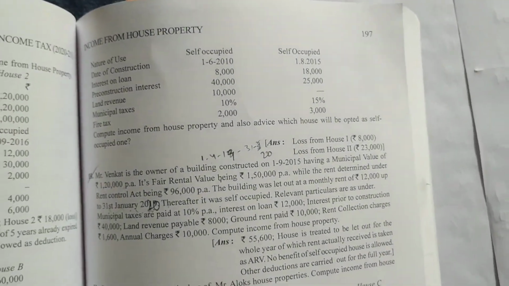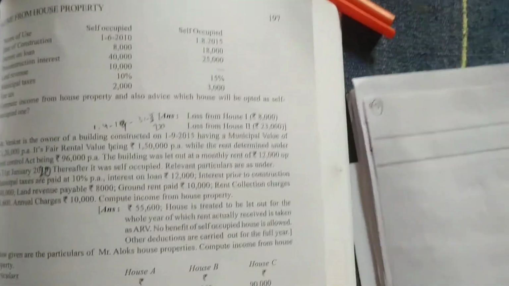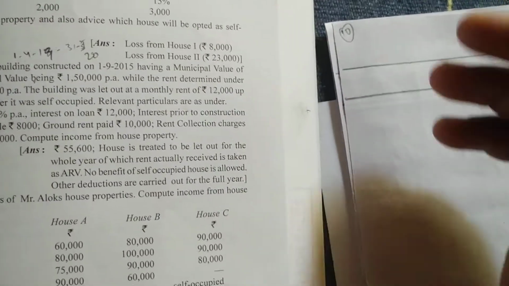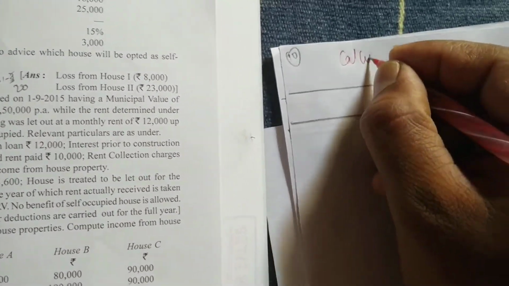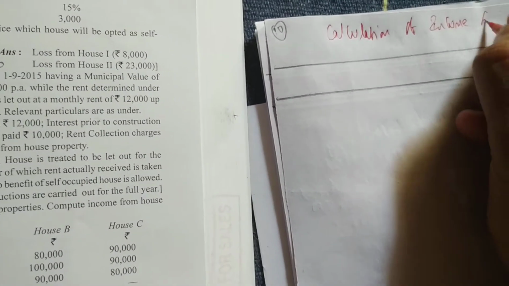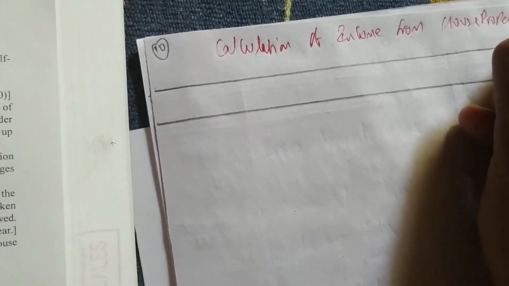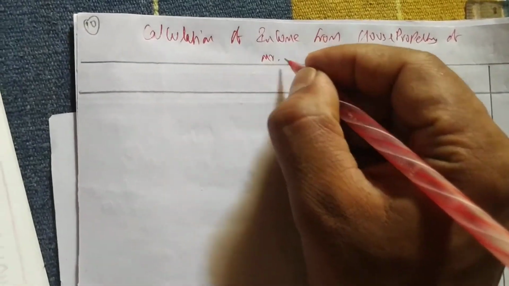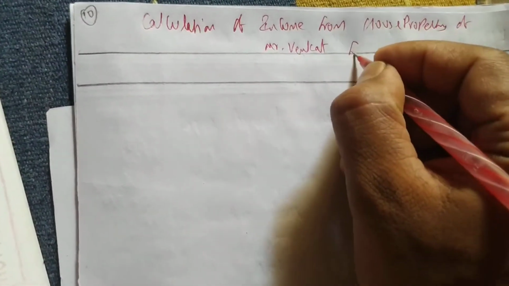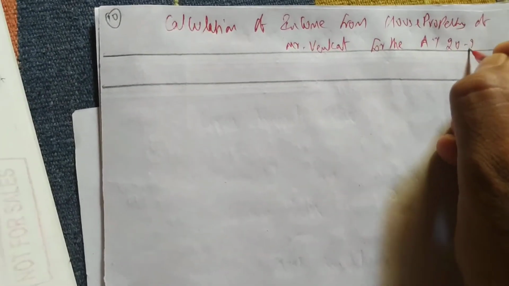Okay, so we'll do the 10th problem. The heading will be: calculation of income from house property of Mr. Venkat for the AY 2020-21.